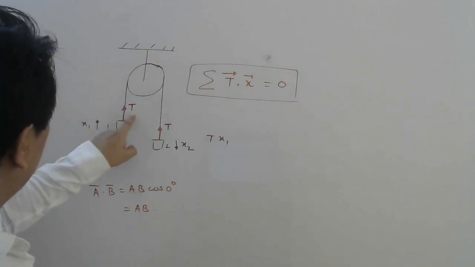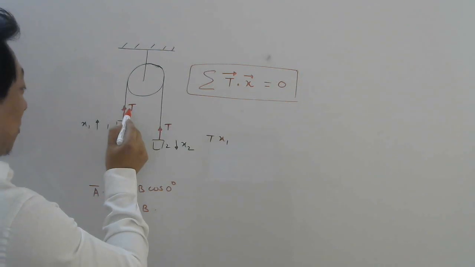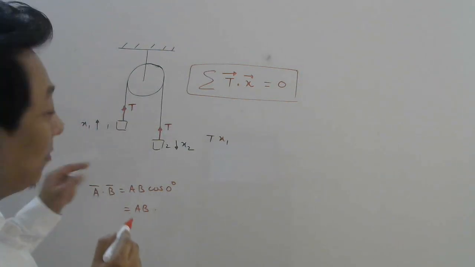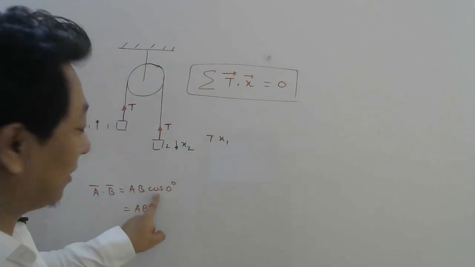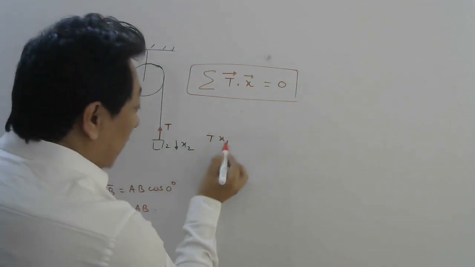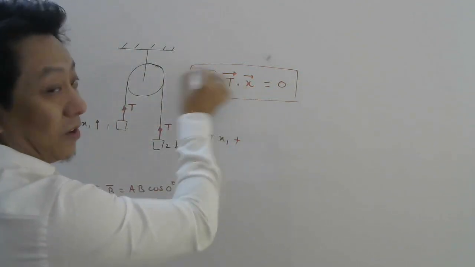So since tension and displacement here are in the same direction, the dot product will be tension into displacement without writing cos theta. We have done this for this block. Now we have to do it for the other block and add them as a summation.